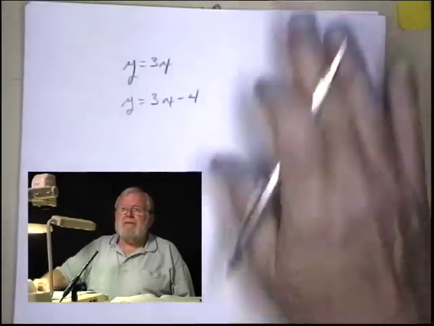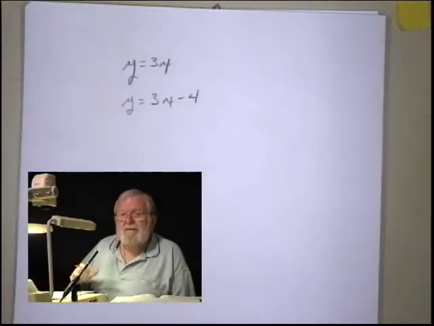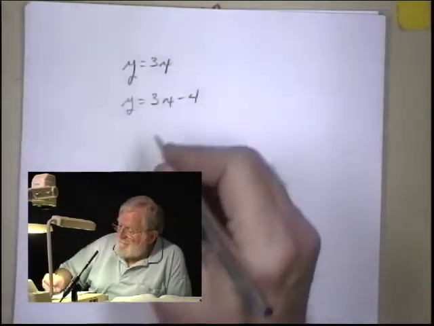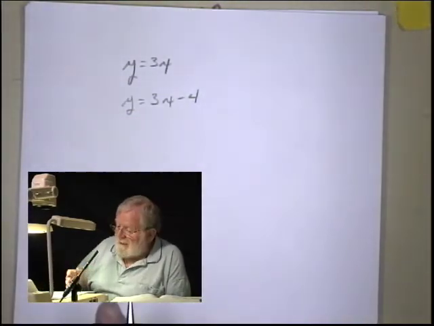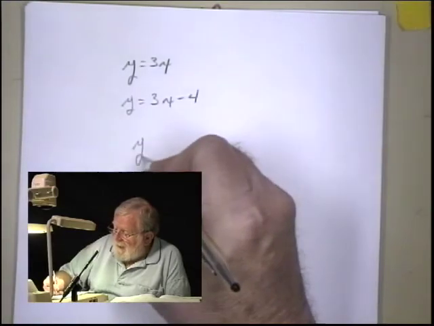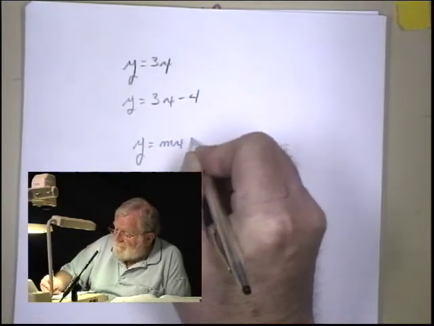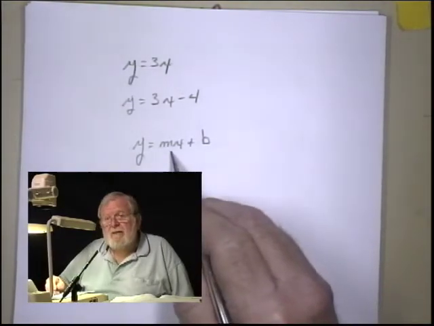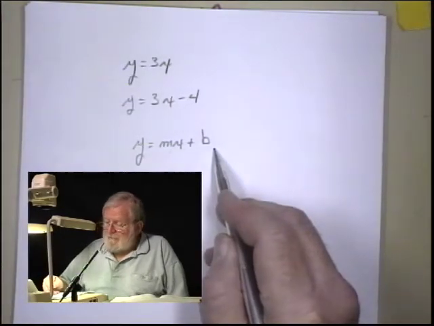Now remember the point, if we use the slope-intercept form of an equation, that would be y equals mx plus b, where m is the slope and b is the intercept.